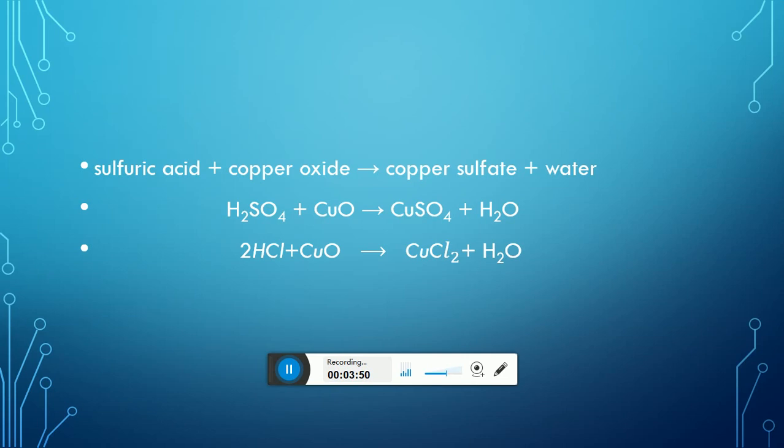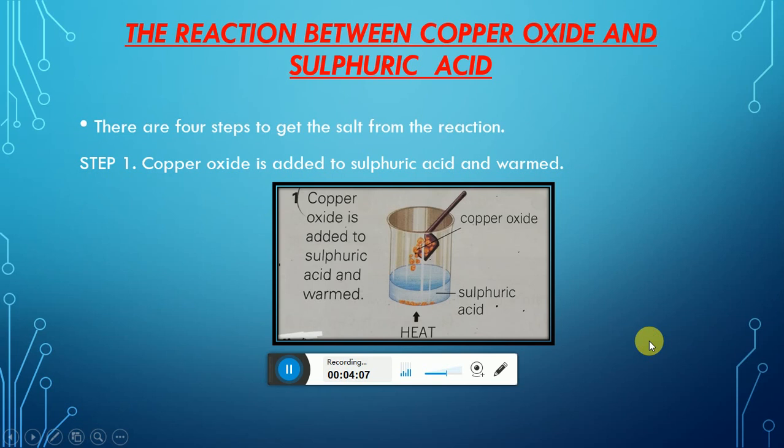There are basically 4 steps through which we can understand the reaction between copper oxide and sulfuric acid. In the first step, look at the figure, we add the copper oxide to the sulfuric acid and provide a small amount of heat, just to warm it for the chemical reaction.